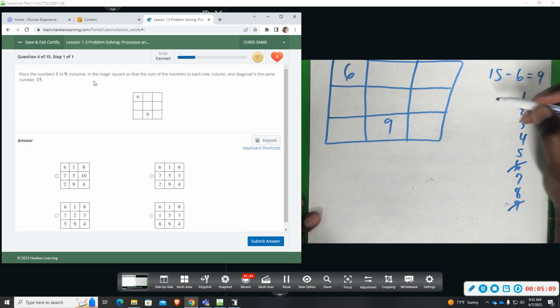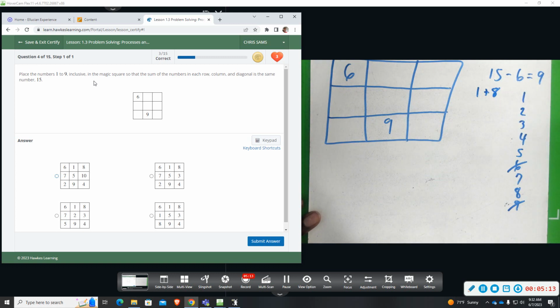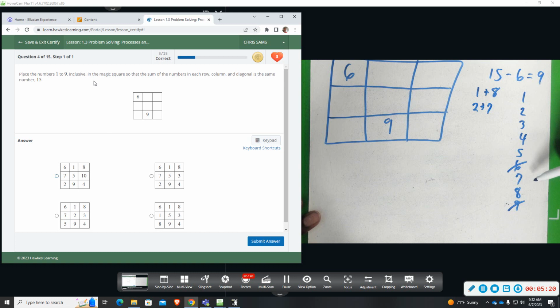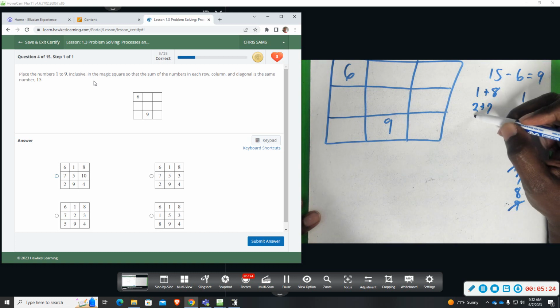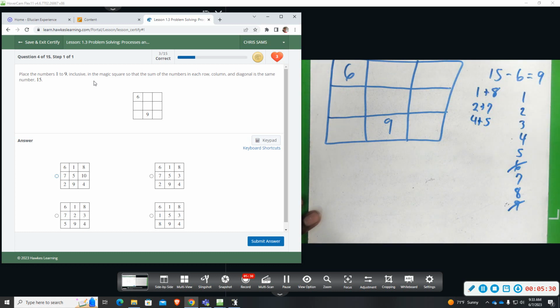So that would be 1 plus 8. So I can use 1 and 8. I could use 2 and 7. I can't use 3 and 6, it's already done, but I can use 5 and 4. And then I would just pick one of these options, okay?